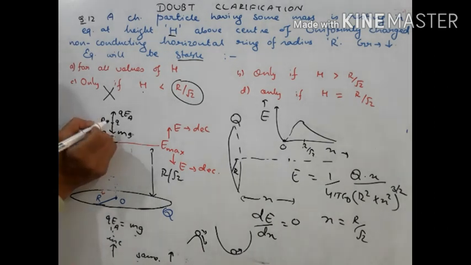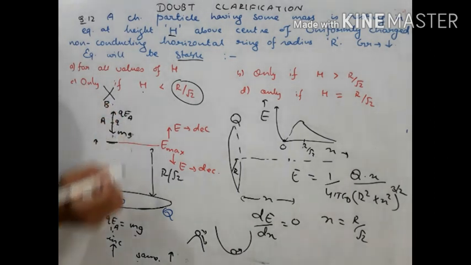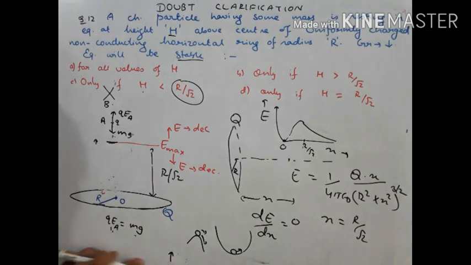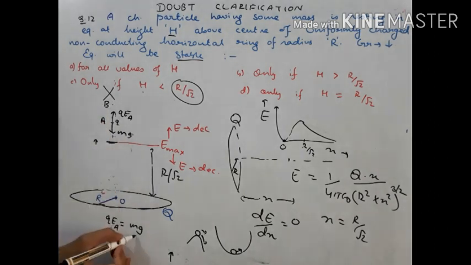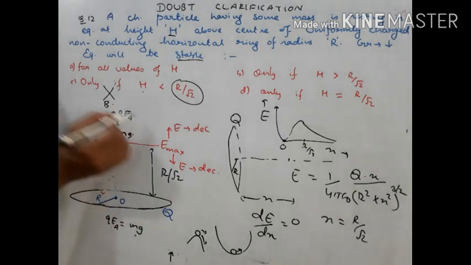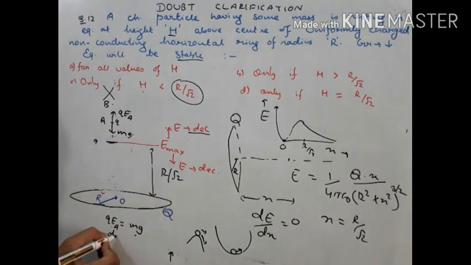Let's see what happens if you take this point upward instead of downward. Suppose I move it upward. Here QEA is equal to mg. Now you can understand yourself, students. At this point both these forces are equal. If you shift upward, gravity remains same, but what happens to the electric field? On shifting upward, electric field decreases. So this will decrease, but gravity will remain same.